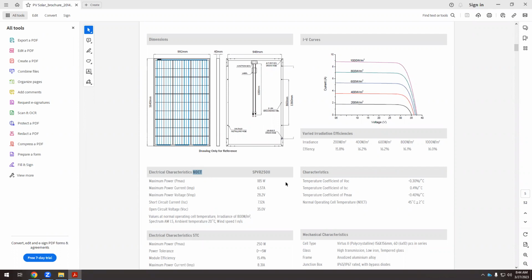Now we need to know the number of panels, or the total power that we have in this PV array.